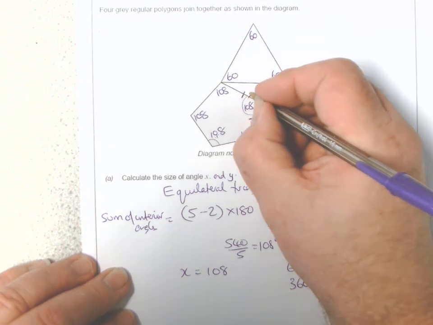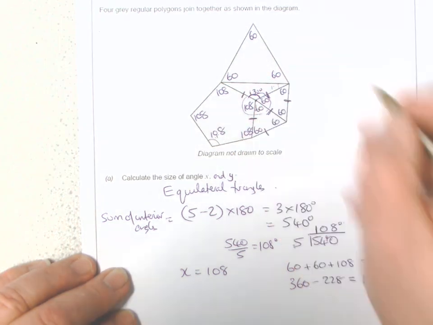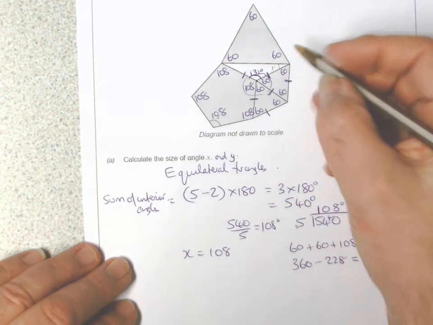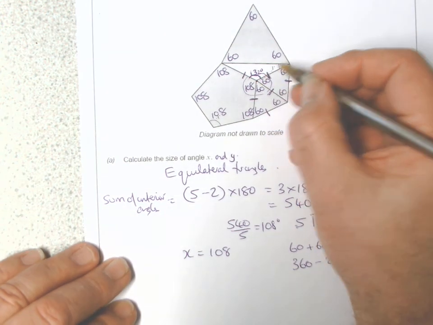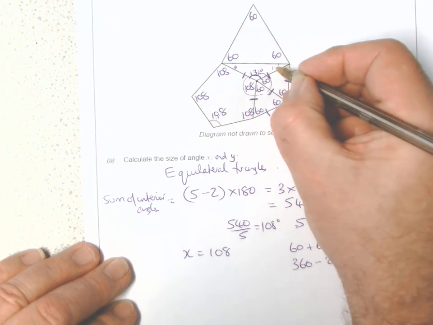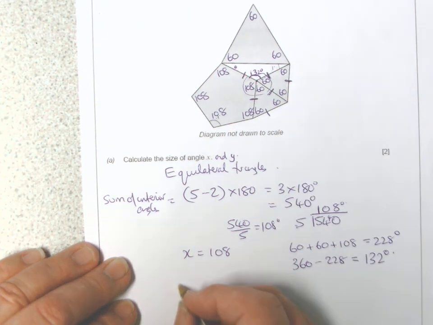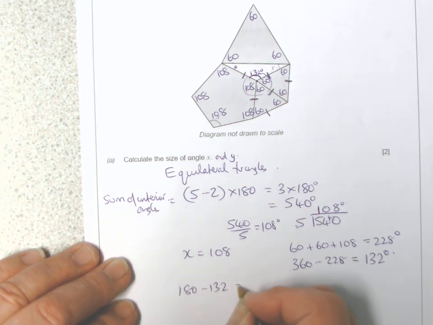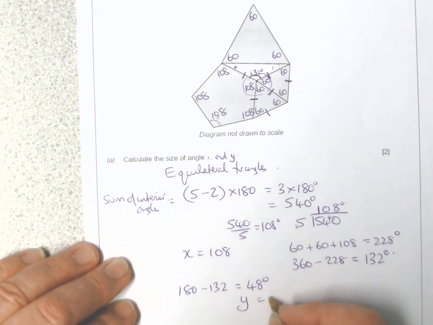So this angle here is 132. So to find y, I take 132 from 180 and share it equally between those two there. So 180 take away 132, that's 48 degrees. So y will be half of 48, which is 24 degrees.